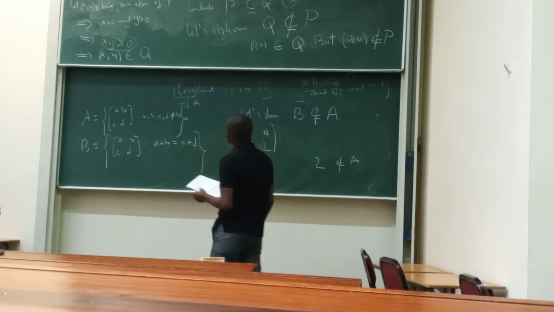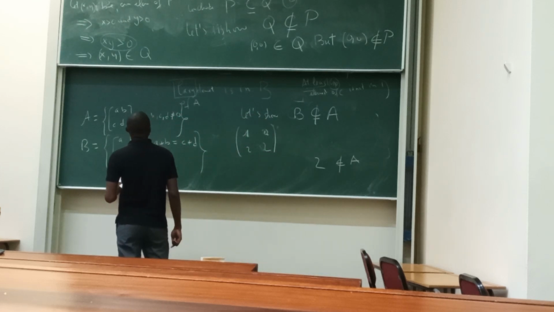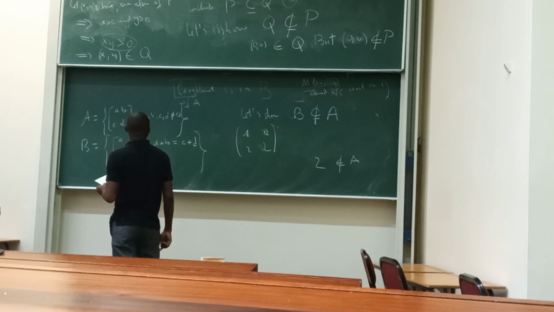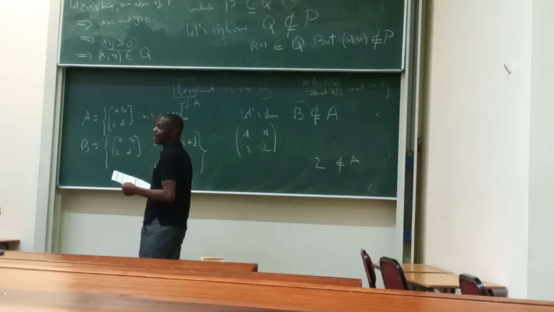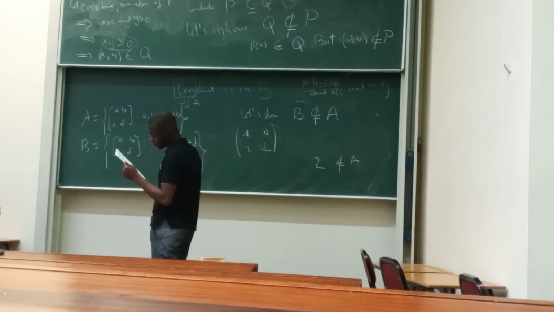Okay, I see. So maybe what they mean is that for any A, B, C, and D has to be different of 0. I think that's what they mean in the notes.